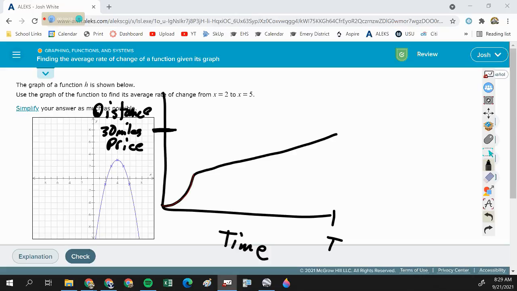So your friend drives to there, and then when they stop, what's going to happen to this graph? It's just going to be flat. So it's flat, flat, flat. They fix the tire, they take off, and you guys arrive in Price at the same time. Okay? Who had a faster average speed?